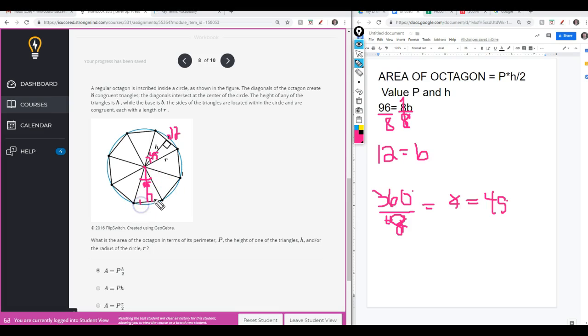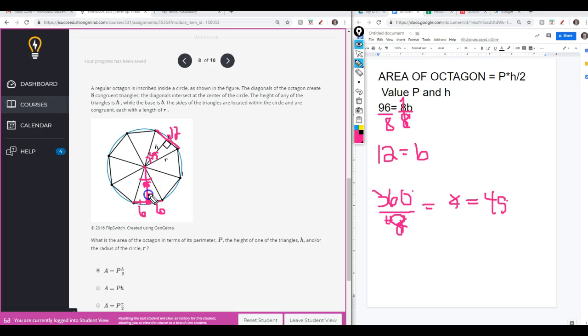That means that this length is equal to this length, so this is 6 units and this is 6 units, because this is a total of 12. I know that from the definition of the apothem we pulled up earlier, that it hits at the midpoint, so it splits it in half, so it's 6 and 6.